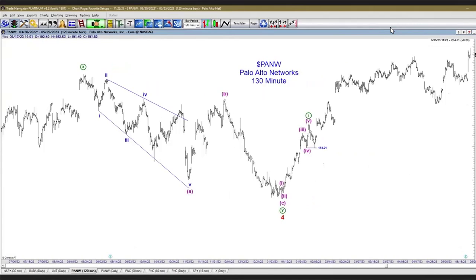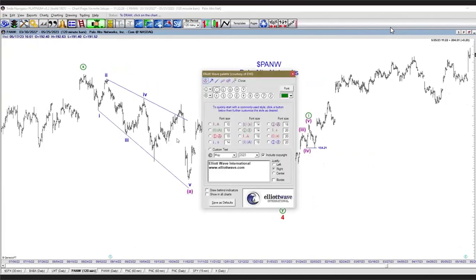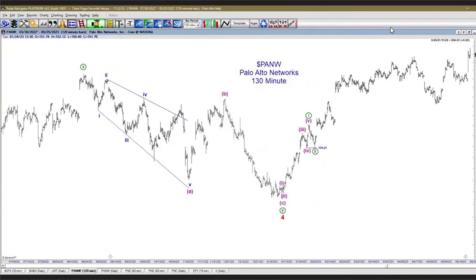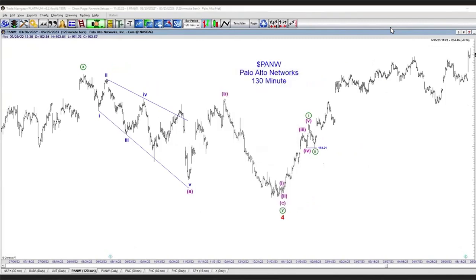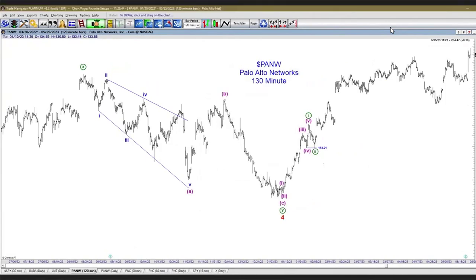Now in this case, the wave 2 was quite shallow, I would say. It definitely got to the previous 4th, but it was a shallow retracement percentage-wise. It wasn't even a 38%.